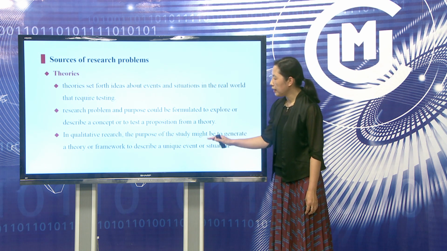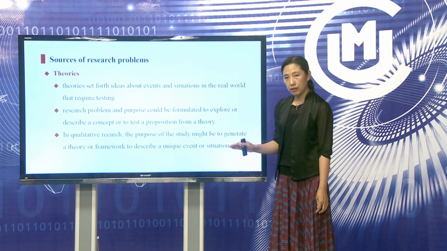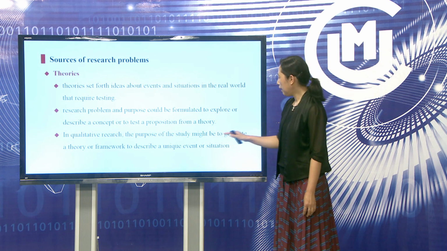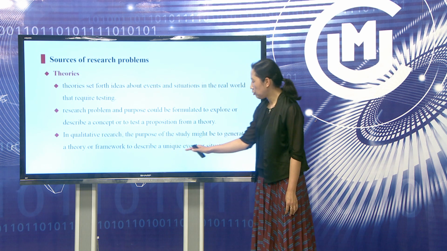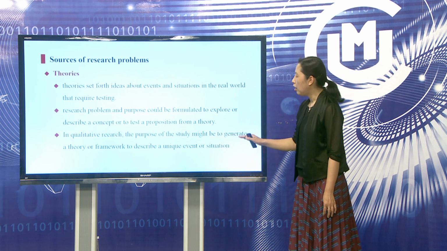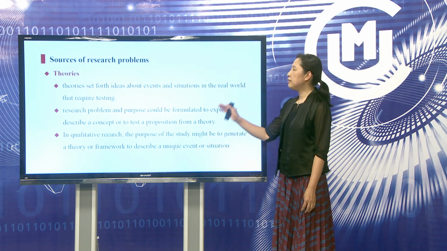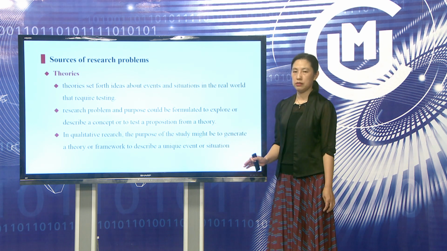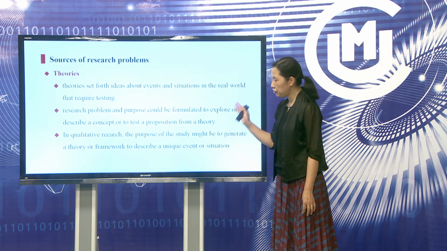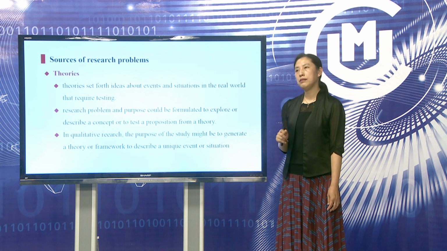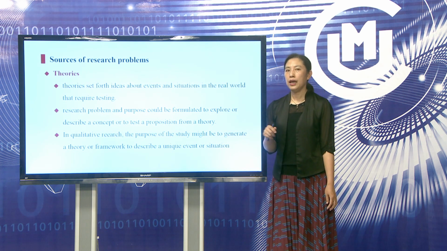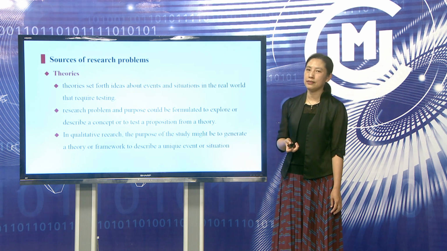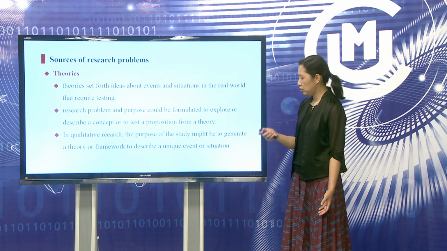And in qualitative research, remember, the purpose of the study might be to generate a theory or framework to describe a unique event or situation. So when you learn some propositions in the theories, you may think, maybe I should try to test the theory in real clinical practice. So that's how the research problem comes.